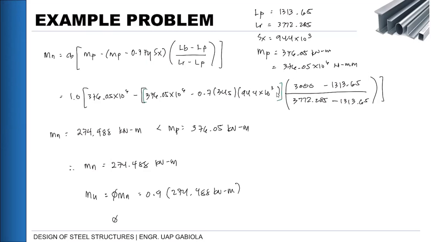So, yung ating MU o yung design strength natin for LRFD ng case 2 o letter B natin will be equal sa 247.039 kilonewton meter. Okay? So, applying yung lahat ng equations natin, this is our answer.